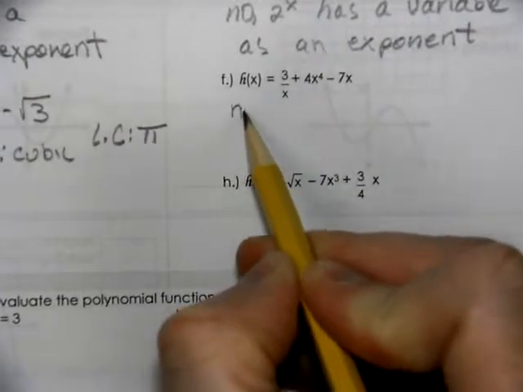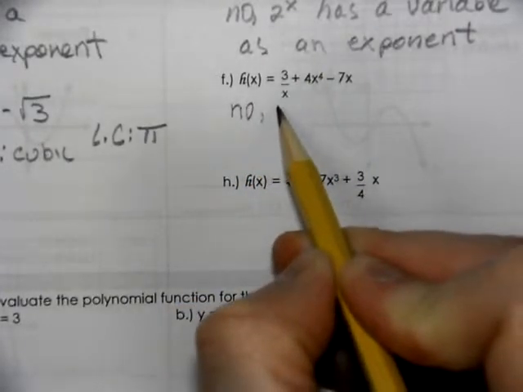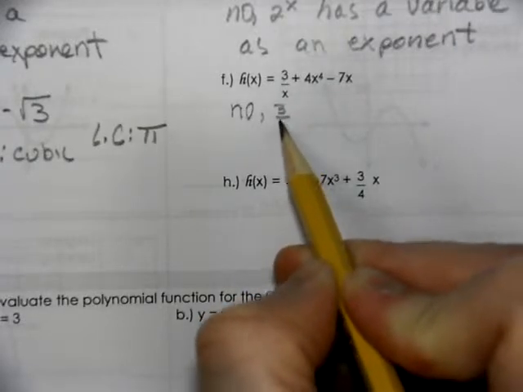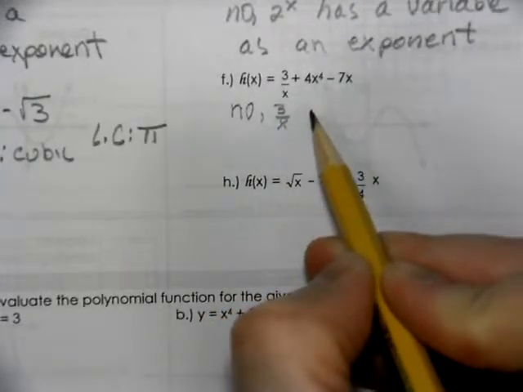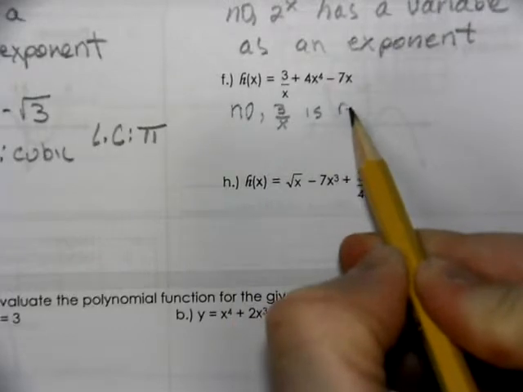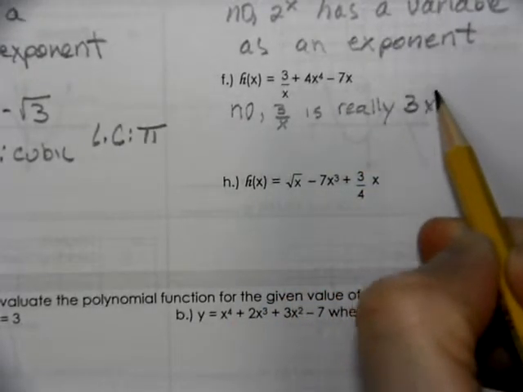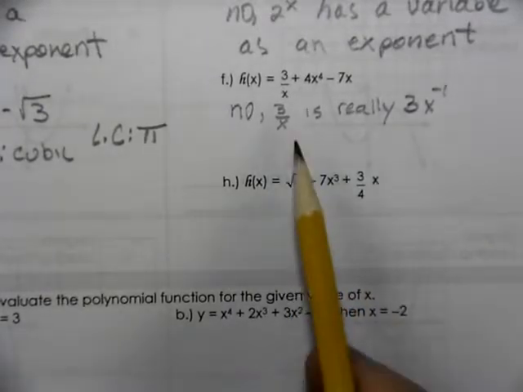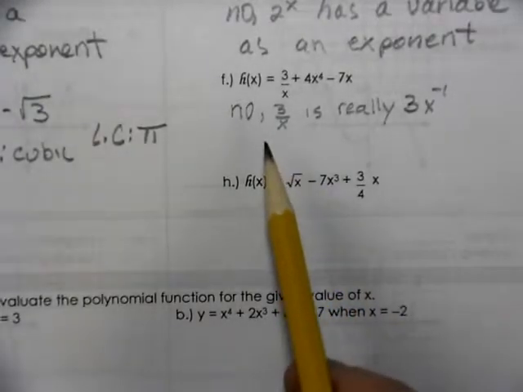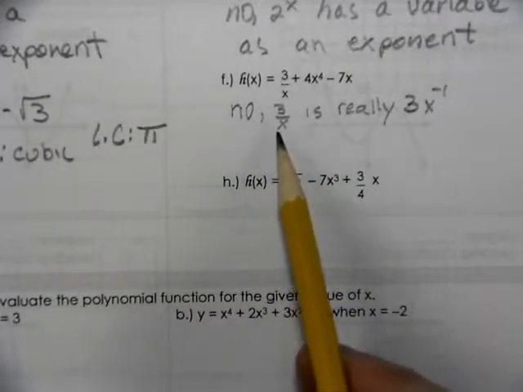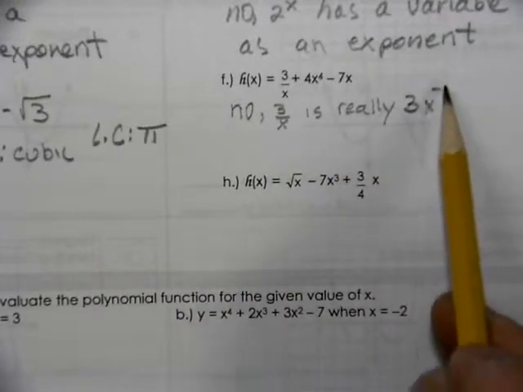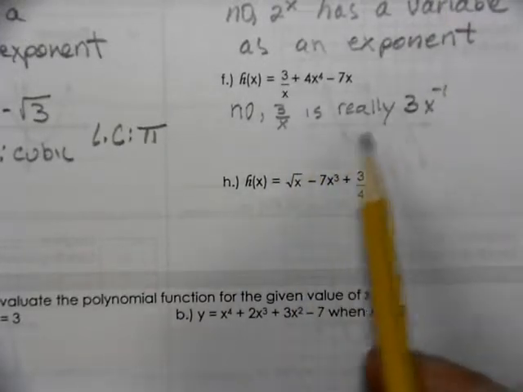So, the answer is no, this is not a polynomial. When you have a variable in the denominator, that's the same thing as having a negative exponent.